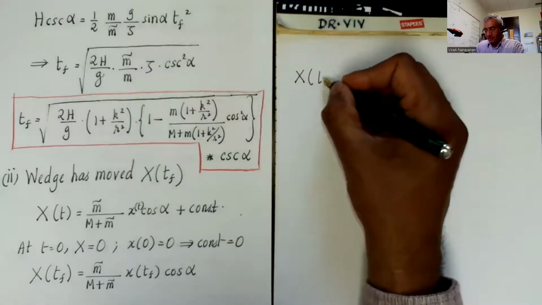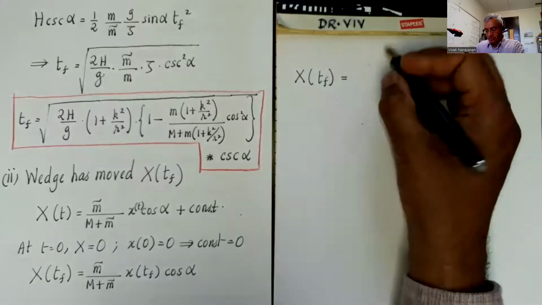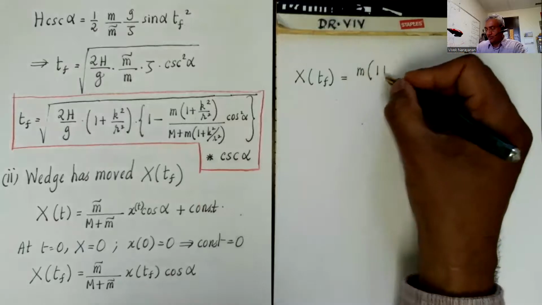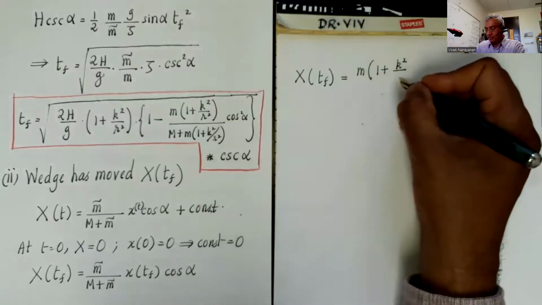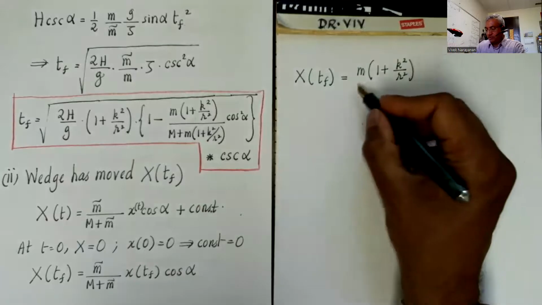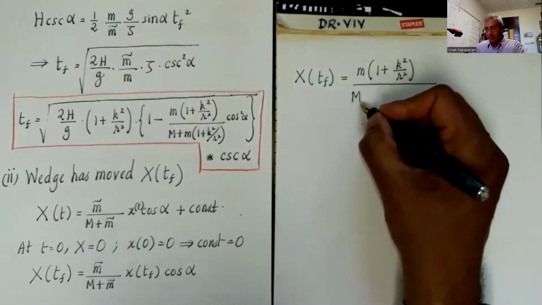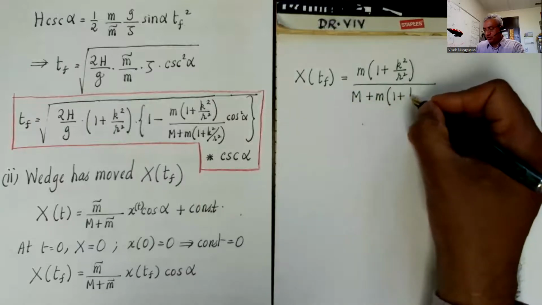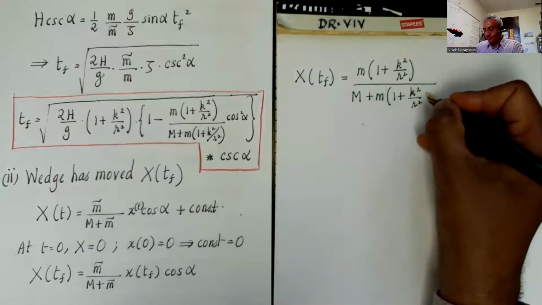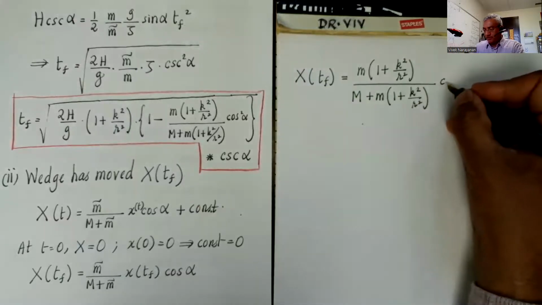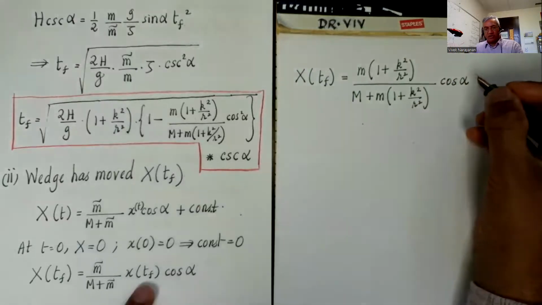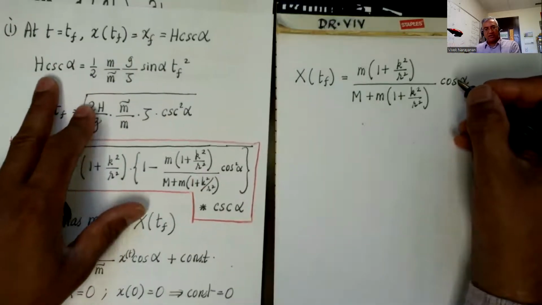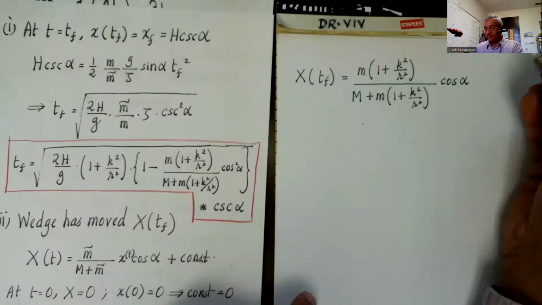So X of tf is equal to, I get m times, that's 1 plus eta squared, and eta is k over r, so that's 1 plus k squared over r squared, divided by m plus m times 1 plus k squared over r squared, times cosine alpha. Now little x of tf is precisely that, h cosecant alpha.